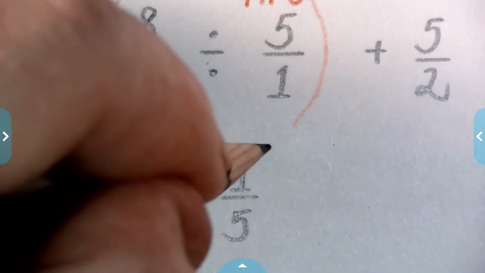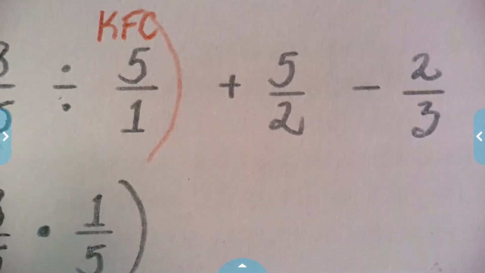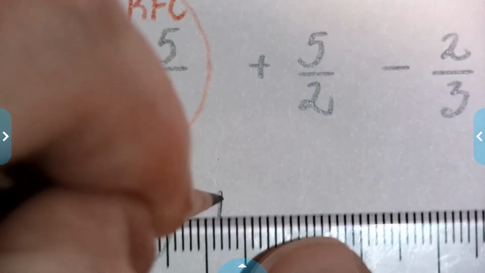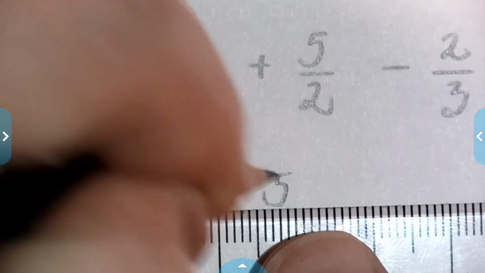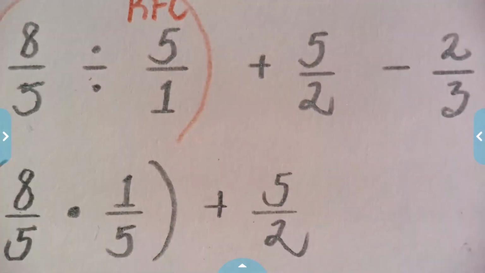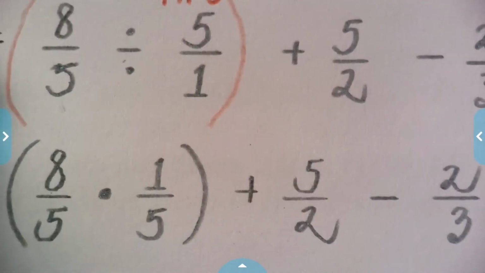We're going to group these. And we are going to bring down the rest of this problem. So I got plus 5 over 2 minus 2 over 3. Okay, so there's my whole problem.